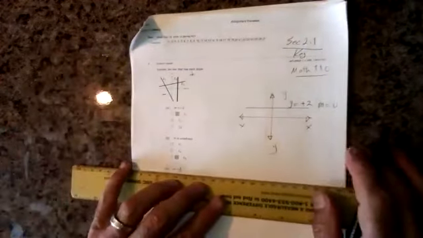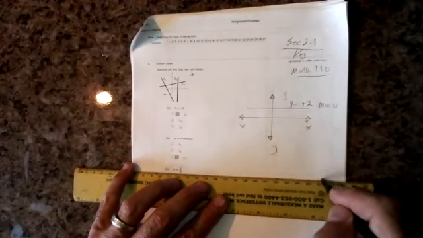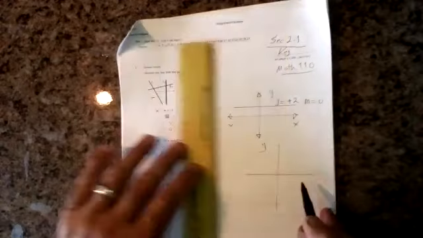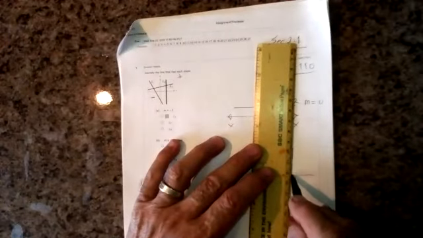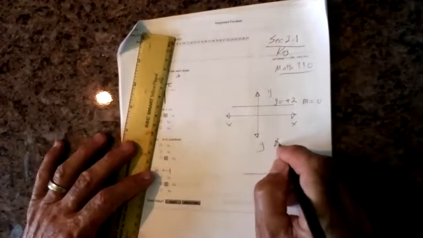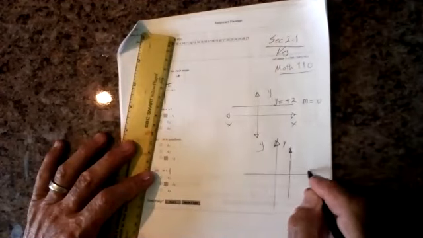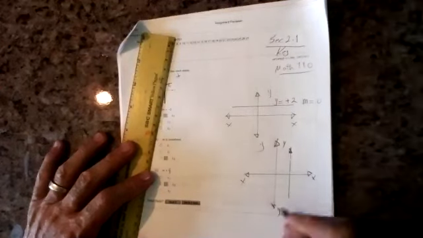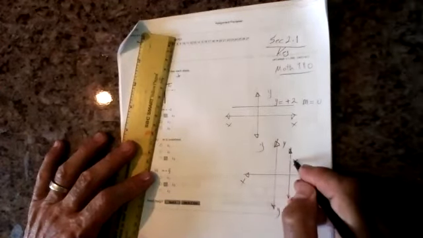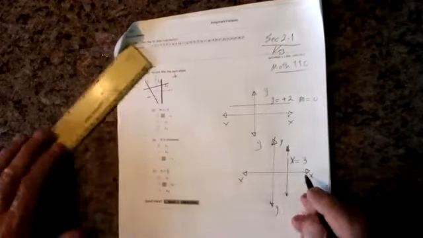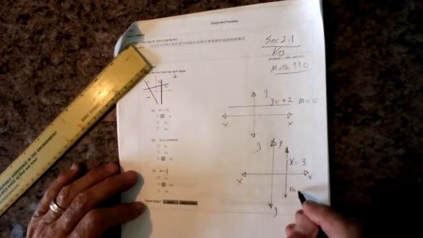And all the vertical lines, like x equal, let's say 3, all the vertical lines, their slope is undefined.